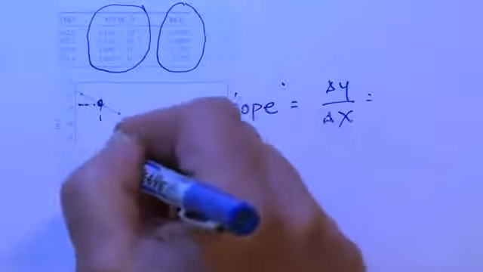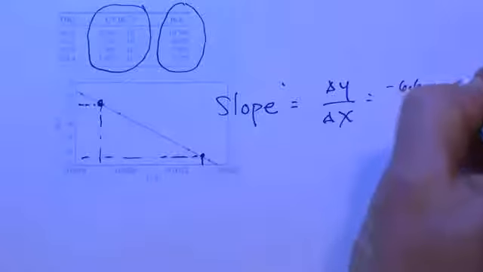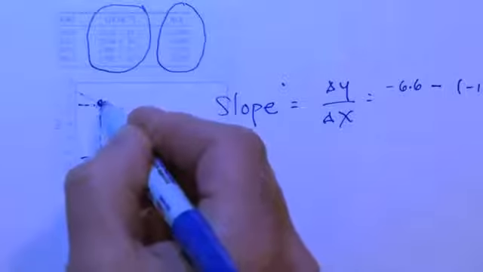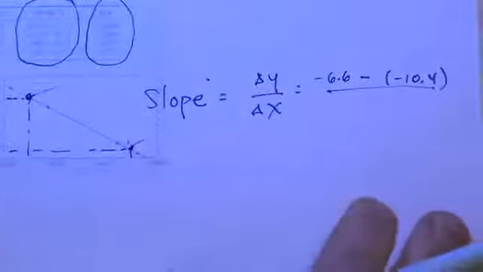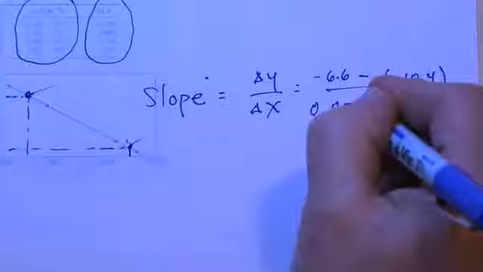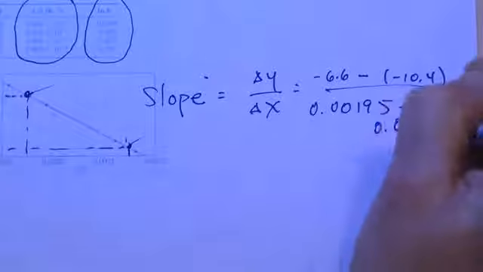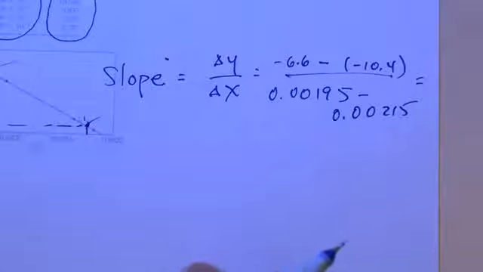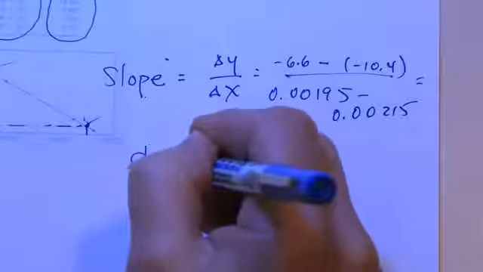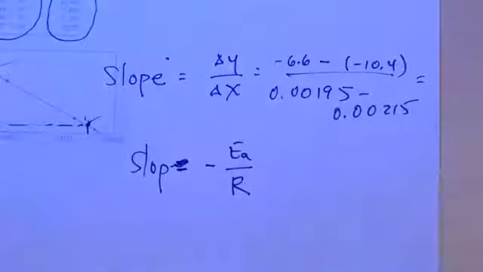If you plug in those numbers, you've got negative 6.6 minus negative 10.4 for the change in y, divided by the change in the x-axis, which is approximately 0.00195 minus 0.00215. When you do that subtraction on your calculator and divide it out, you get the slope, which, remember, is equal to negative E sub A divided by the universal gas constant R.